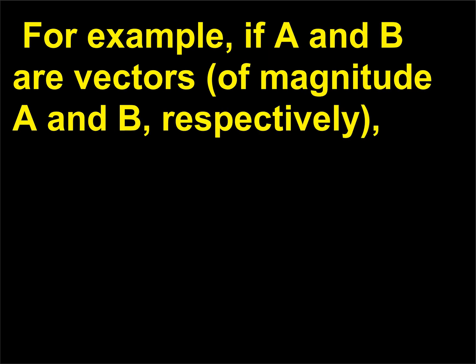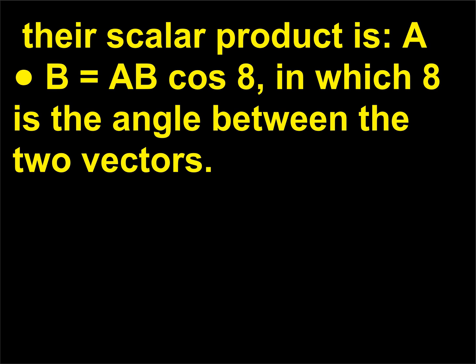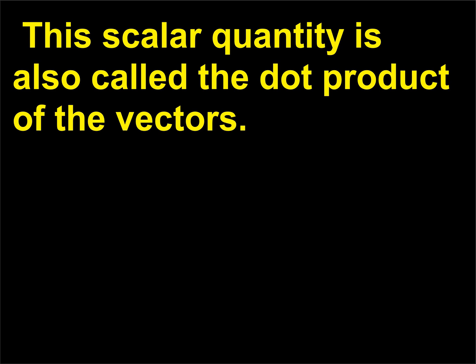For example, if A and B are vectors, of magnitude A and B, respectively, their scalar product is A·B = AB cos θ, in which θ is the angle between the two vectors. This scalar quantity is also called the dot product of the vectors.